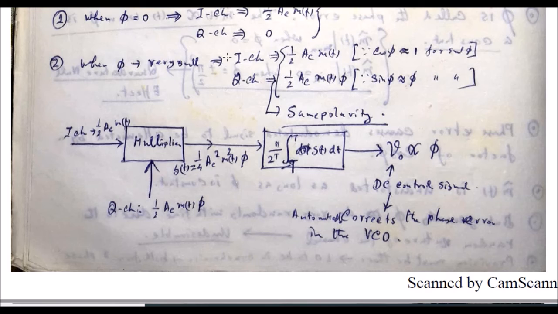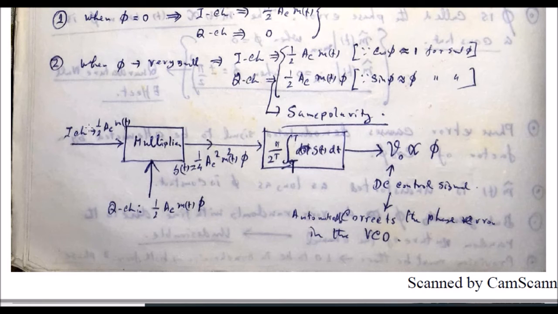Okay, so these two are the outputs of the two low pass filters, one for the I channel and another for the Q channel. Both the Q channel output and the I channel output are given as input to a circuitry known as the phase discriminator. Now the phase discriminator operation is nothing but multiplication, and after that averaging, a time average over a time period.